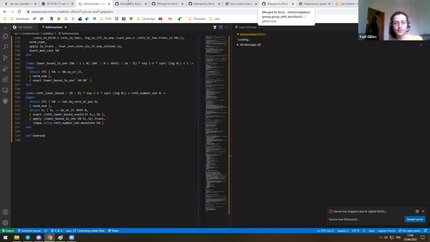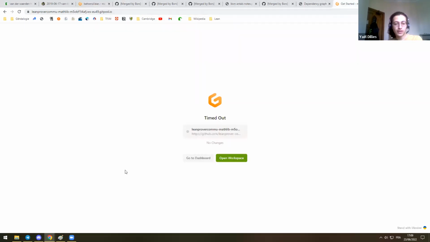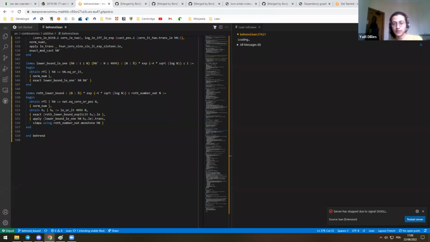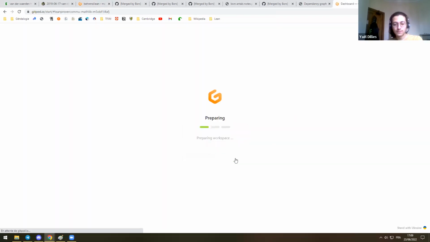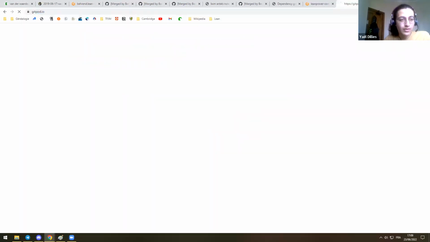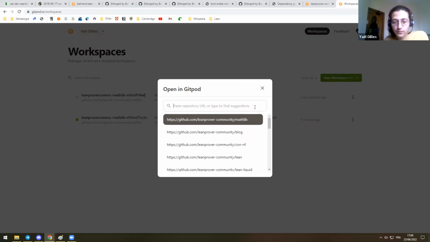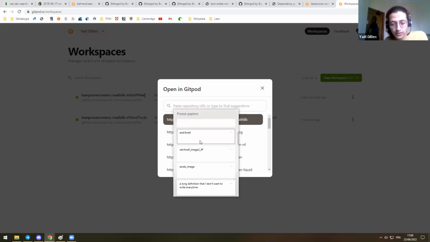So this was Behrend, and I can also show you the code for. Can I? Yes. No, I cannot, because it hasn't loaded. No, sorry. So we'll open another Gitpod. New workspace. I'm not actually sure how to access them like this by hand.